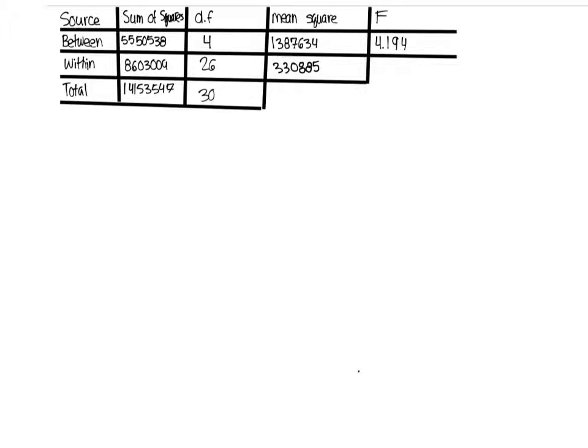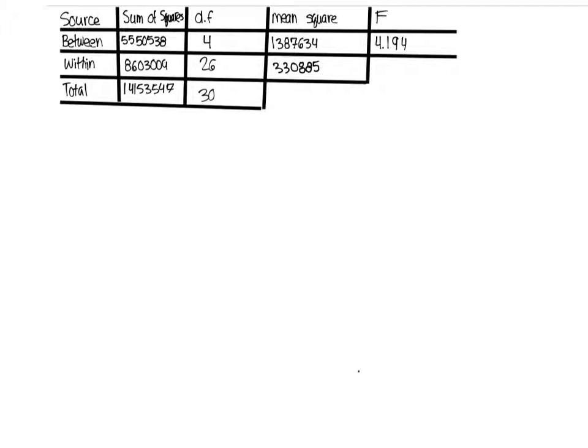Next, I'm going to go to the between section, which on our calculator is written as factor, so that might be a little bit confusing. First, I'm going to talk about the between sum of squares. On our calculator, it is demonstrated by two capital S's, and that number is 5,550,538.